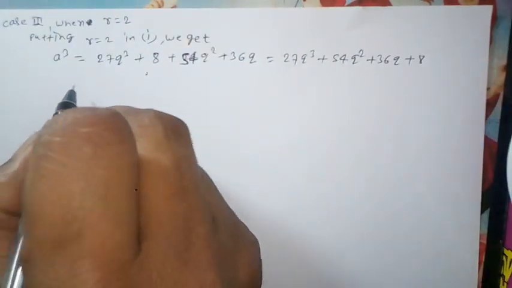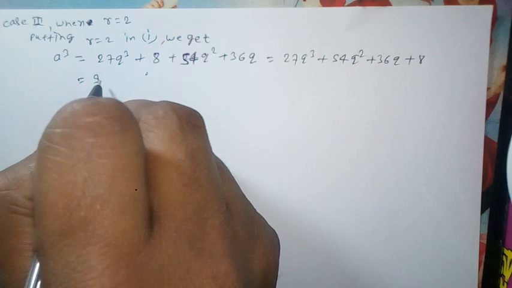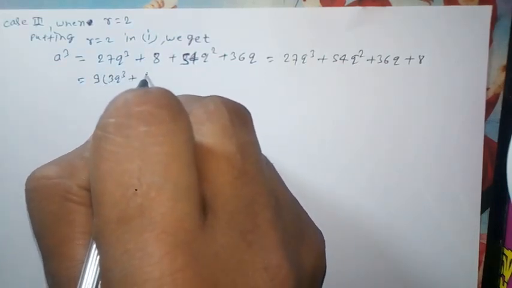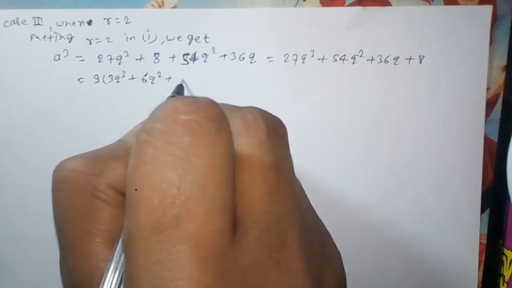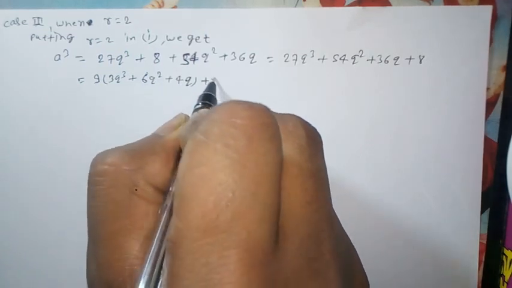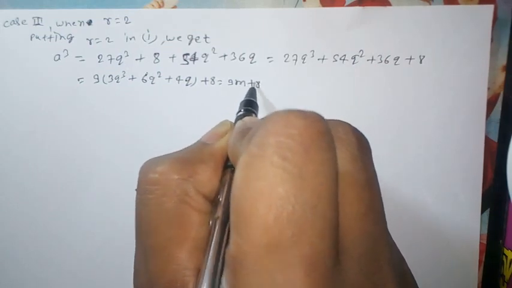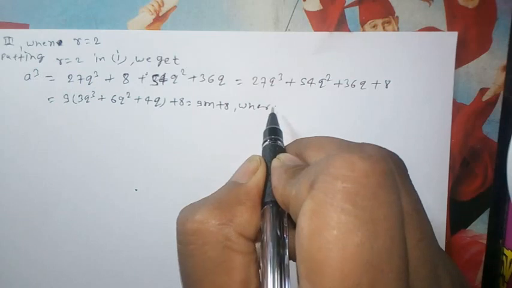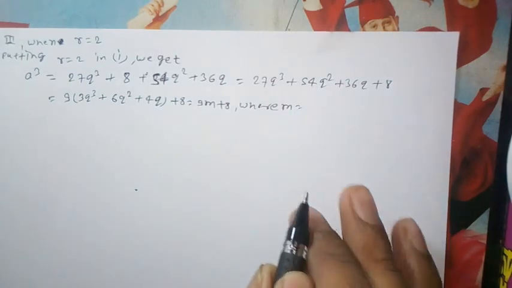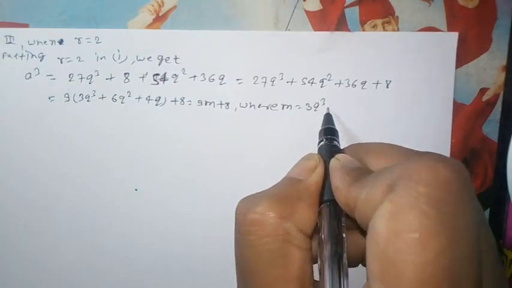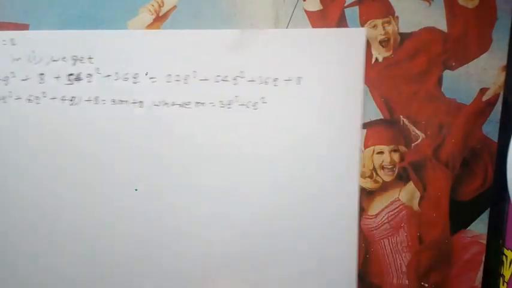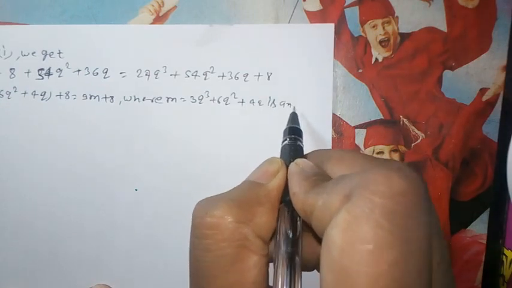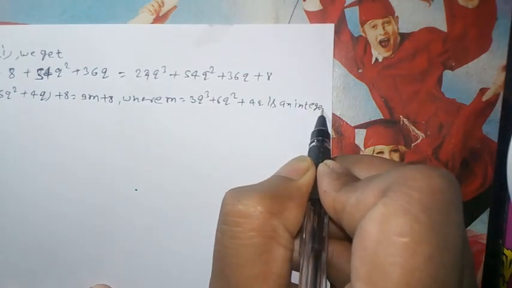We take 9 common, then 9 times (3 q to the power 3 plus 6 q square plus 4q) plus 8 is equal to 9m plus 8, where m is equal to 3 q to the power 3 plus 6 q square plus 4q, an integer.